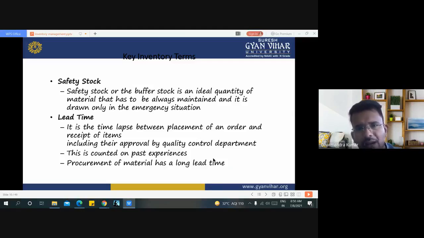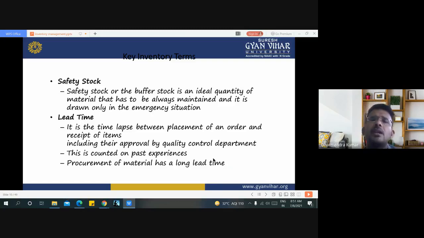Procurement of material has a long lead time because we know that in the coming future, if we plan to produce something new or continue the previous production, then on the basis of past experience we can calculate the future requirement of that raw material. Lead time is the lapse between the placement of a new order and the receiving of that item. This time is known as lead time.